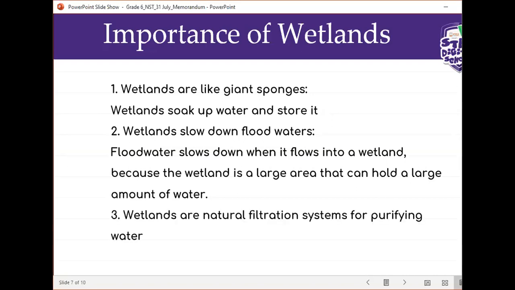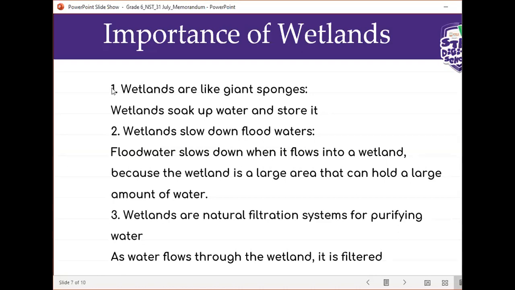Then third reason, wetlands are natural filtration systems for purifying water. Important. And the reason that we give is that as water flows through the wetland, it is filtered. So this question was 6 marks.